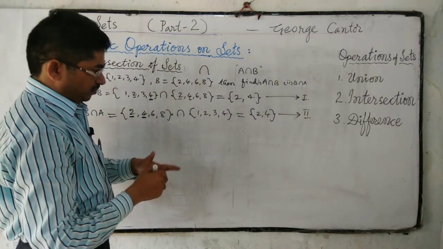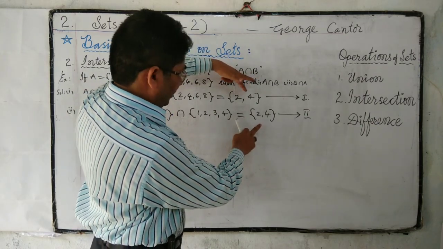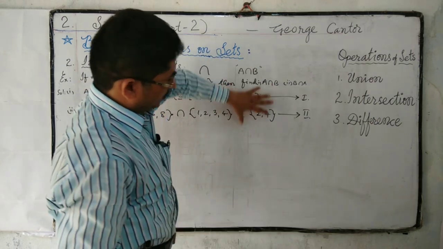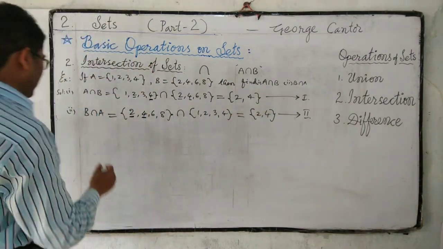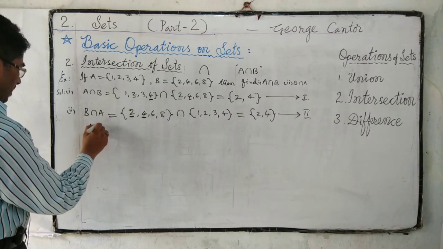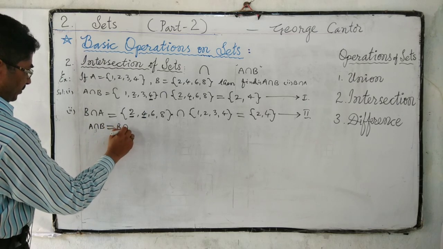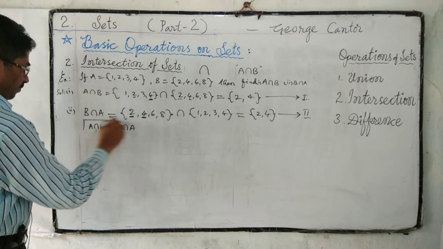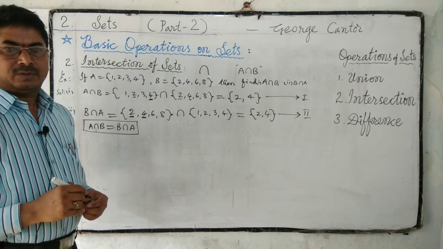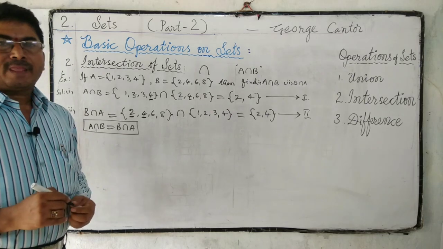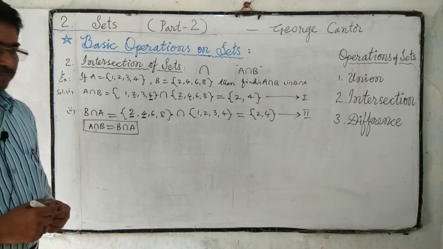If we observe these two results, A intersection B and B intersection A, the results are the same, 2, 4. So we can write A intersection B is equal to B intersection A. Intersection of sets satisfies the commutative property.